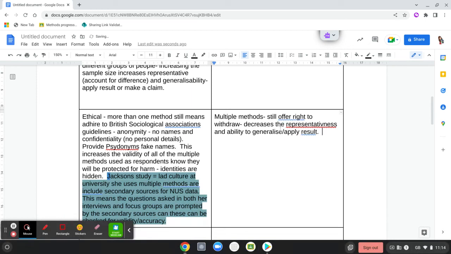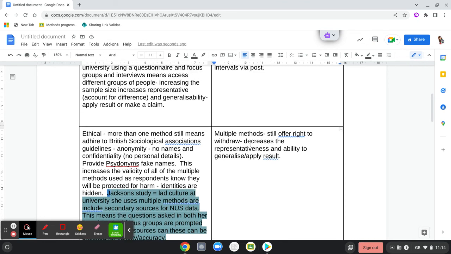Quite a chunky paragraph there, but if we do give ethical codes in all of the multiple methods used, hint, hint, then we're still going to lower our rep and gen.